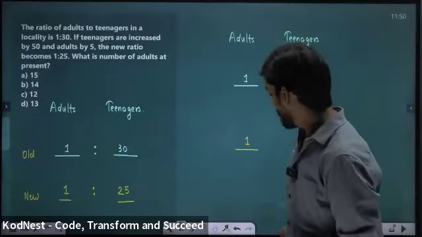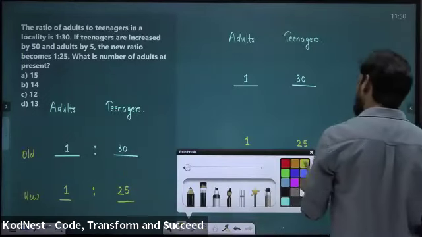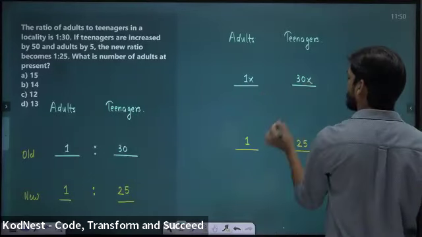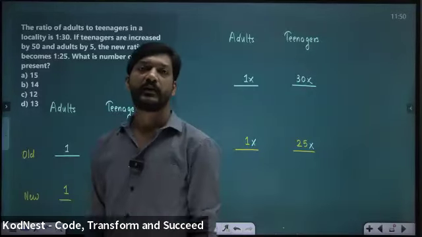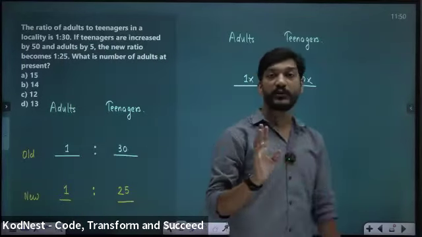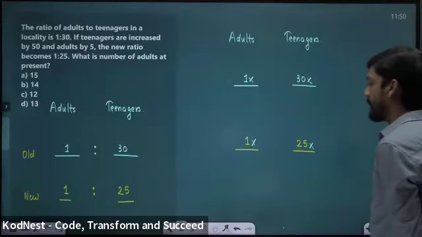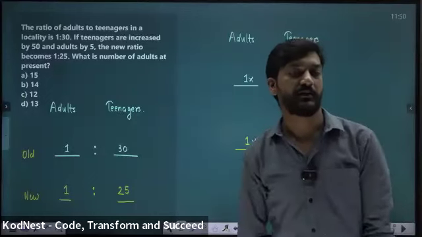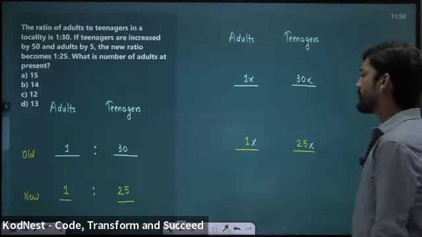If there is no condition, take the values from the ratio, but take a variable also. I've taken the same variable for both ratios without thinking. Does it make sense?